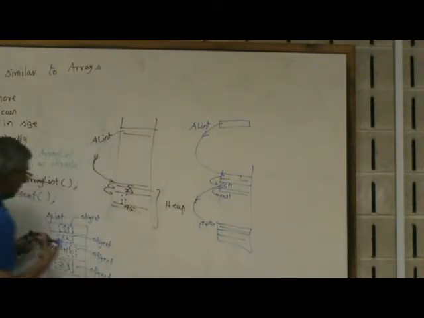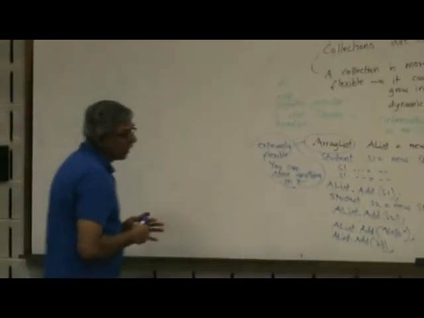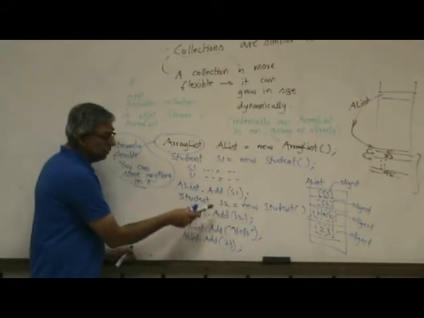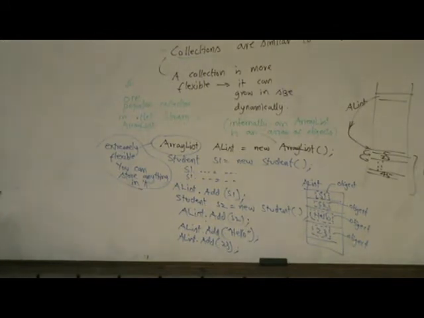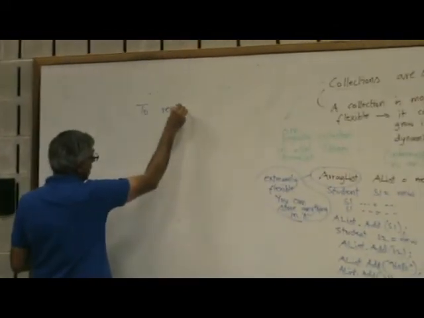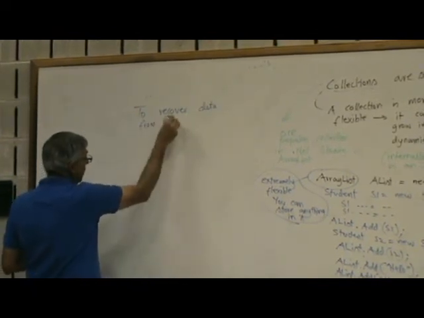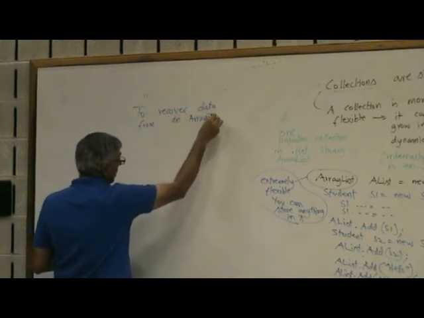Anyway, everything that we put in the array list becomes essentially an object. So the question is now, how do we recover the data from it? Storing is easy. All you have to do is keep calling the add method, add method, add method. To recover data from an array list, you have two options.